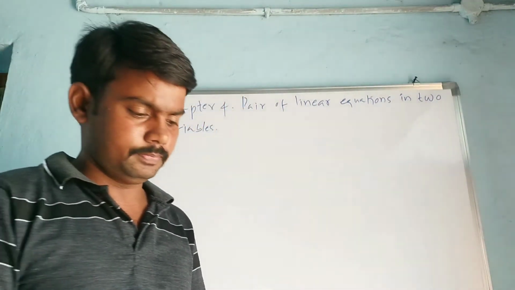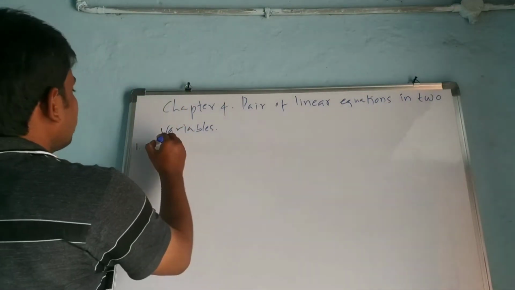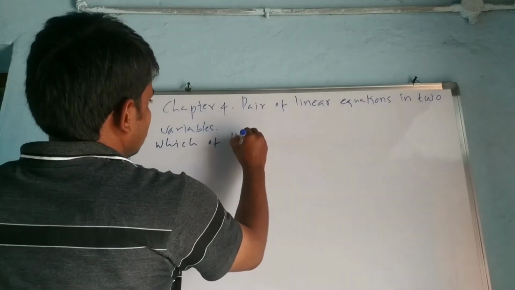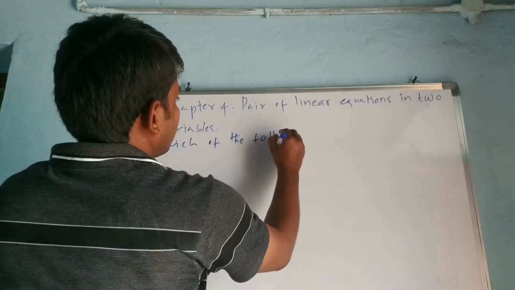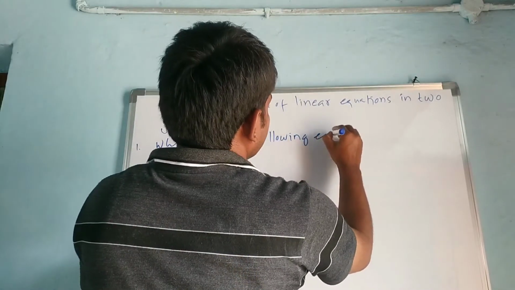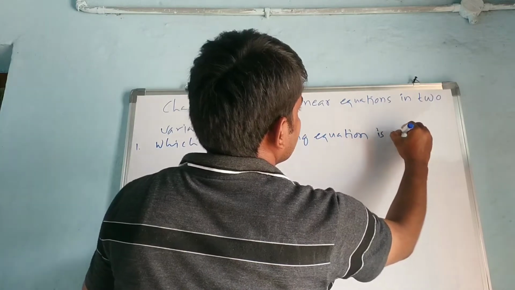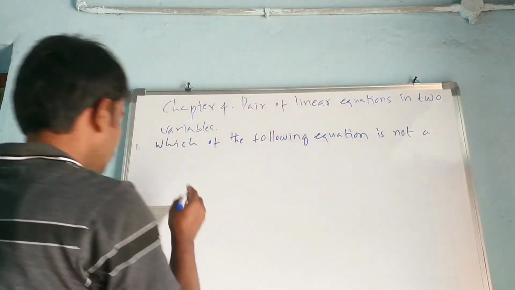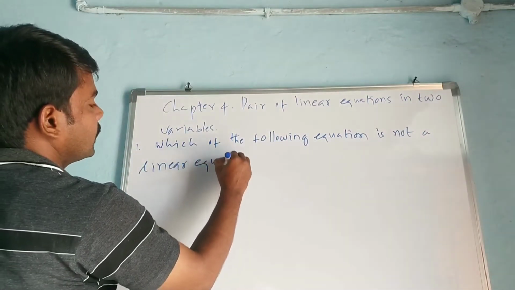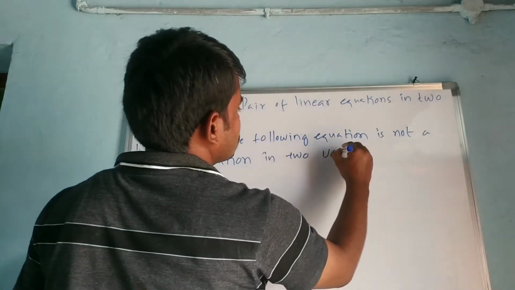Problem number 1. Which of the following equations is not a linear equation in two variables?